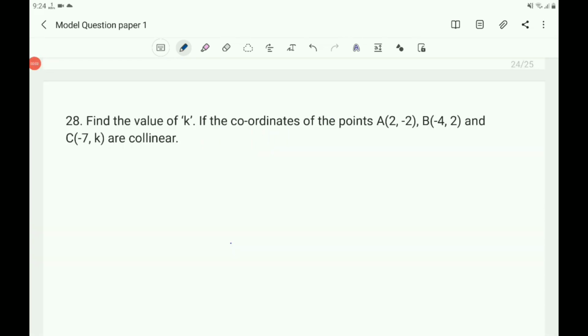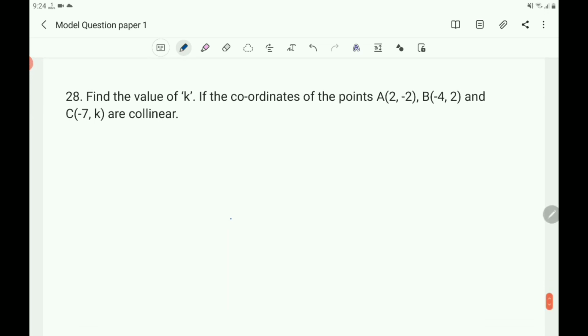Now you take the question number 28. Find the value of k if the coordinates of the points A 2 minus 2, B minus 4 2 and C minus 7 k are collinear. Since the given points are collinear, the area of the triangle formed by them must be 0. And you know the formula to find the area of the triangle when the coordinates of the 3 vertices are given.